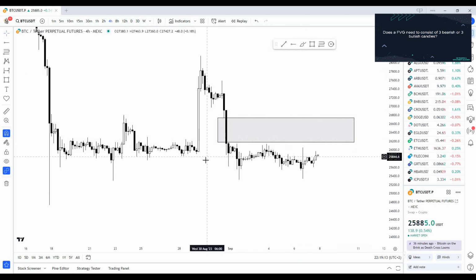As you can see, mostly on pumps and dumps, you can see fair value gaps, and the consensus is that 90% of the time the fair value gap gets filled. So a lot of times, eventually, price will move back to a fair value gap.